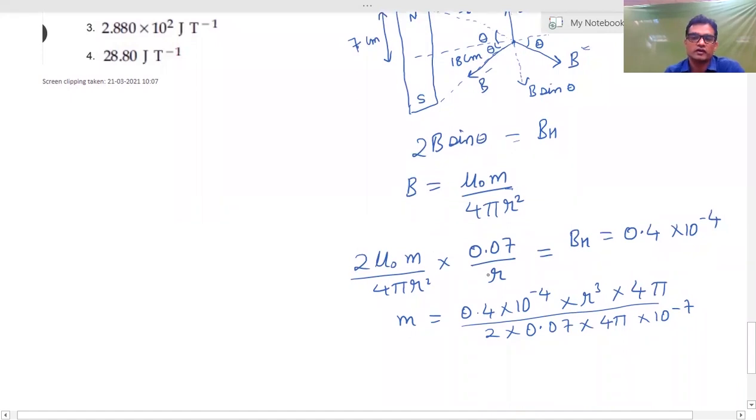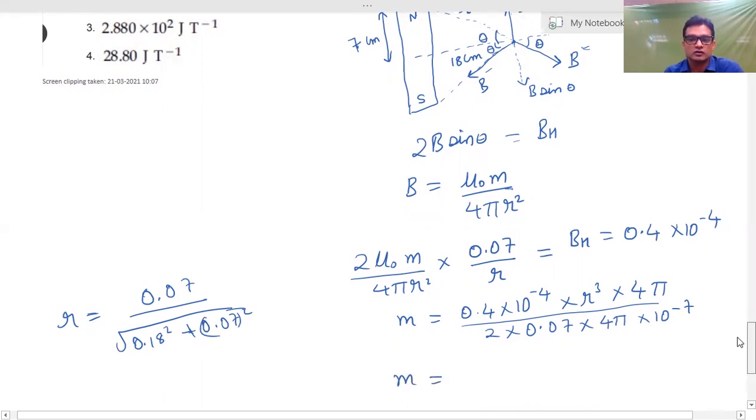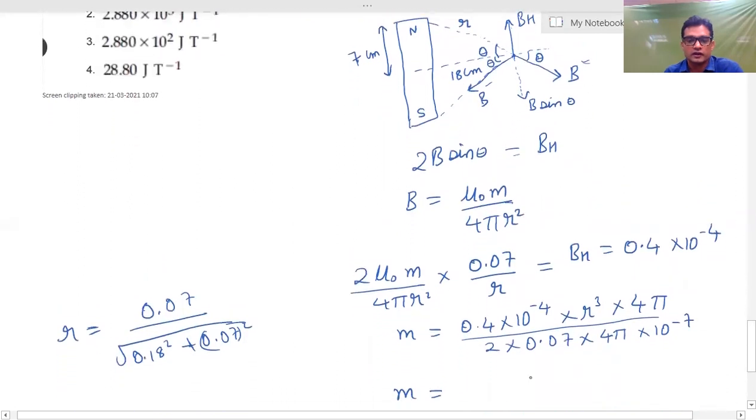Here we can find the value of r. r will be equal to perpendicular upon hypotenuse, which will be 0.07 upon under root 0.18 square plus 0.07 whole square. If we substitute all the values, we'll get the value of M, which will be equal to 2.880 Joule Tesla inverse.